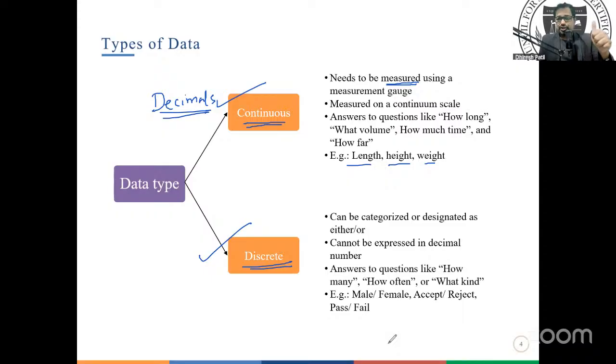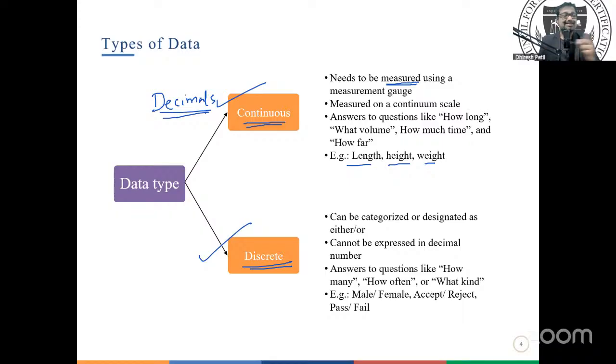Very good. So temperature, and discrete is accept, reject. Very nice. Number of denial claims is discrete data, and percentage is continuous data. Fantastic. Monitoring the temperature, again, is continuous data, and number of tablets is discrete data. Fantastic. Dimensions in mm is continuous data.